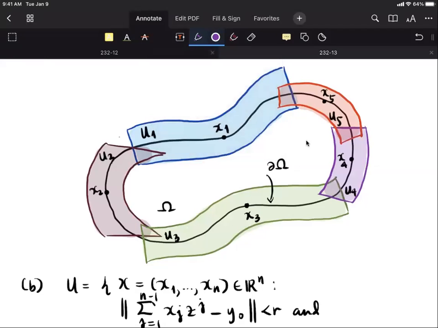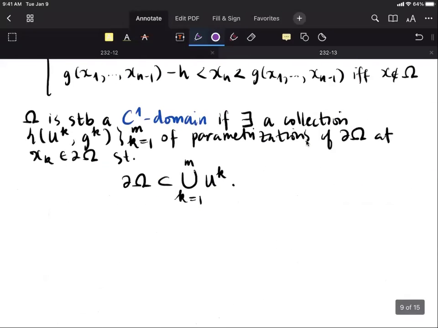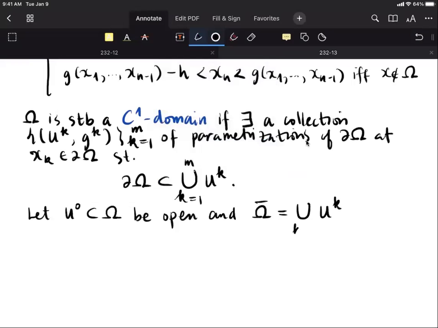So if we take this set that is in the interior of omega, and call that u naught, let us define u naught, a subset of omega, to be open and such that if I take the union of these u sub k's, now including u naught, I get the closure of omega.